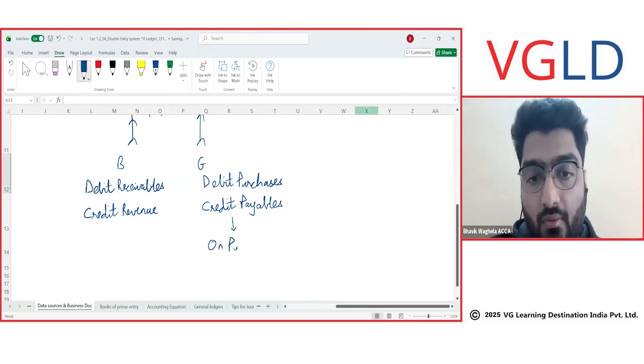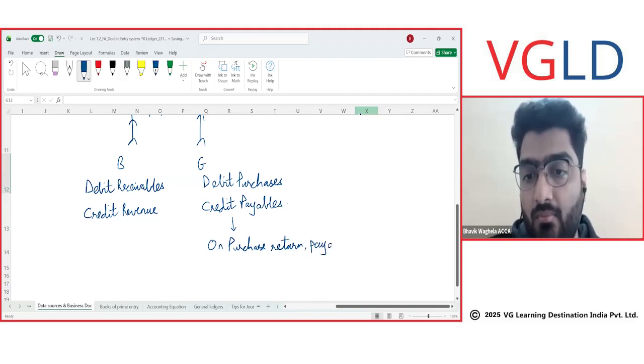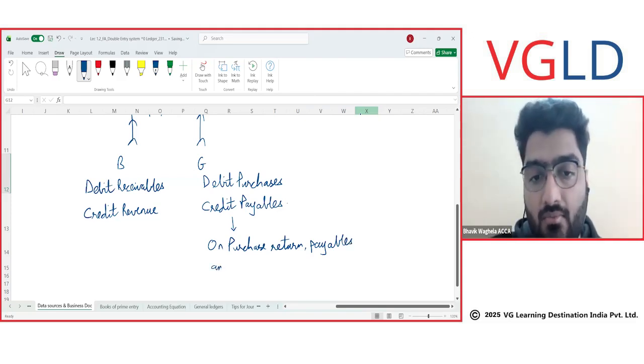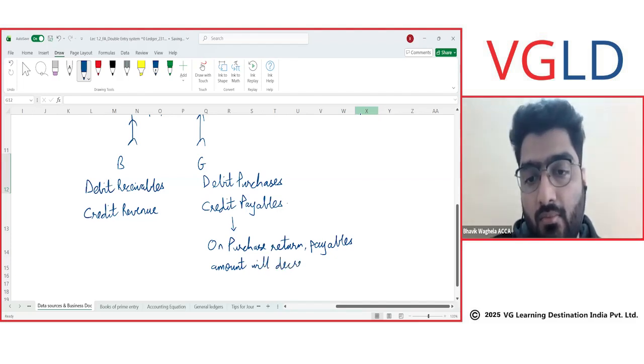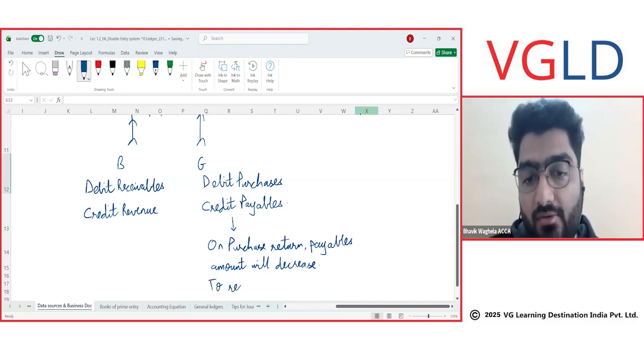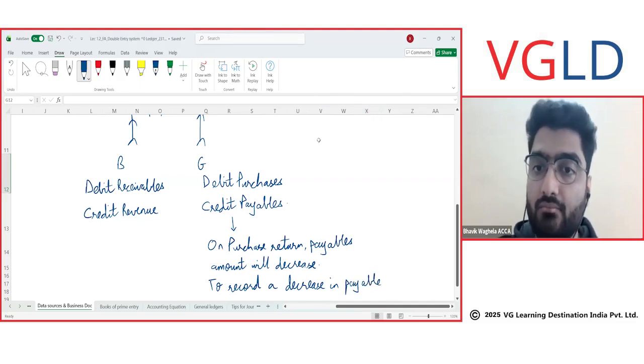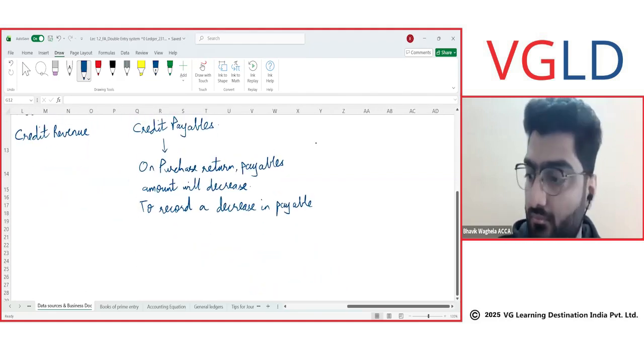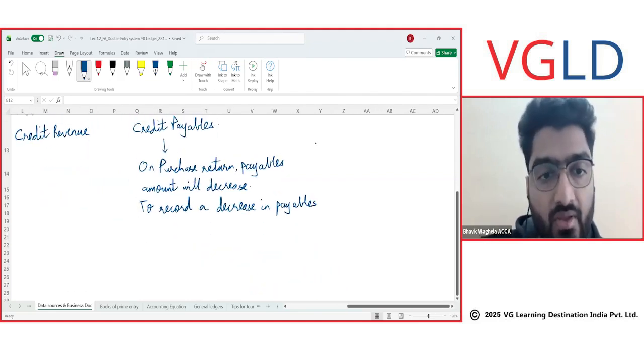On purchase return, the payables amount will decrease. To record a decrease in payables, we debit payables.